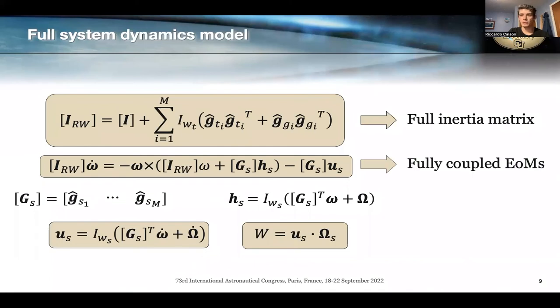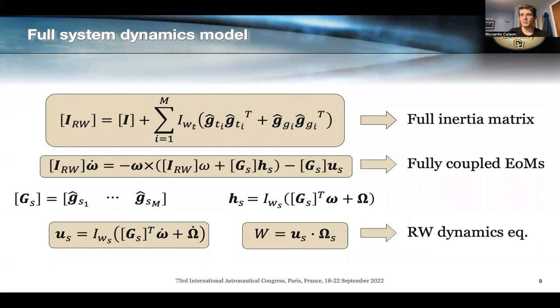The second equation describes the fully coupled equations of motion, where we can see that the angular acceleration of the spacecraft depends not only on its angular rates and the inertia, but also on a term hs, which is the vector describing the angular momenta accumulated on the wheels, plus a term gs us, where us is effectively the vector or the array containing the control torques required to actuate the wheels.